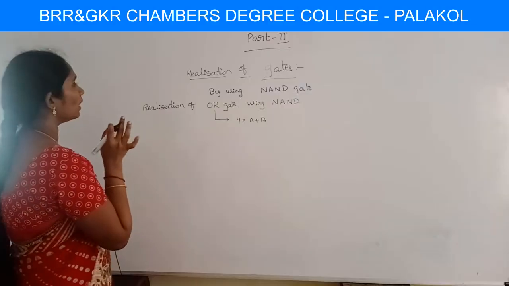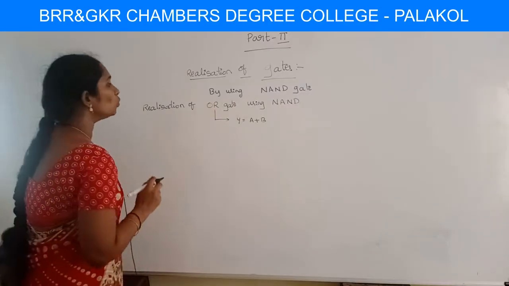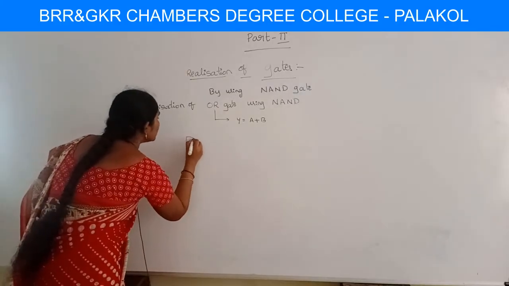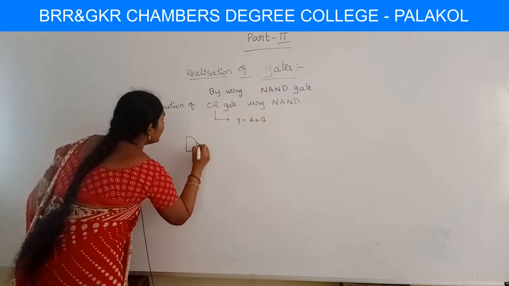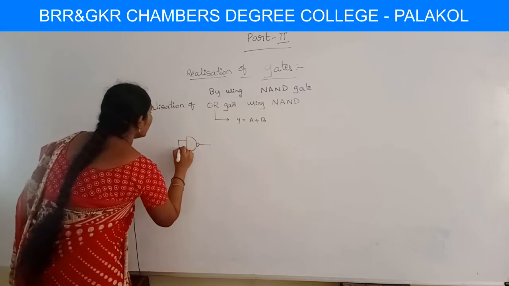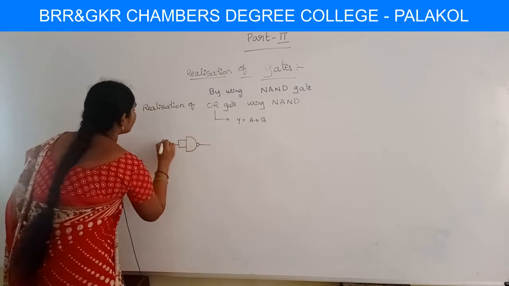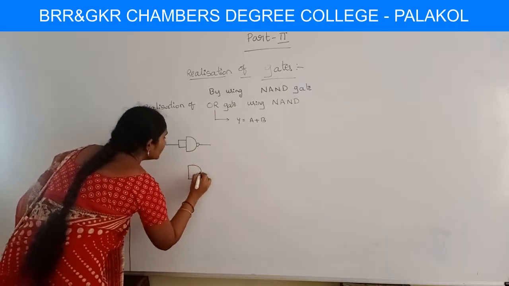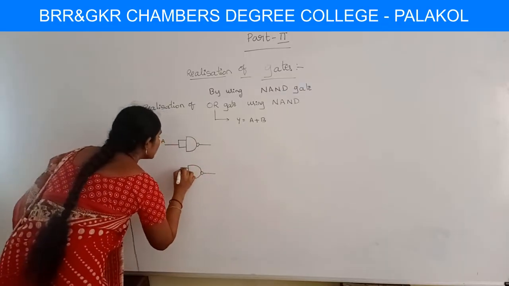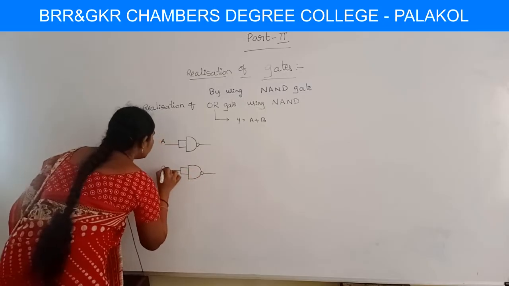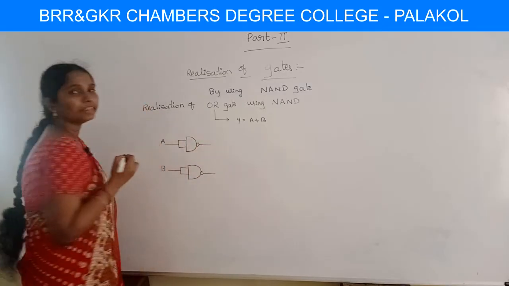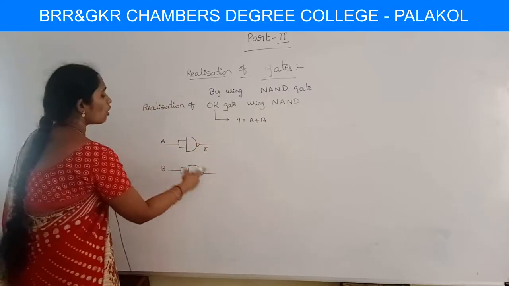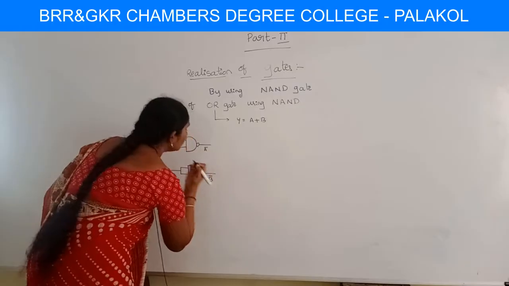First I will consider two NAND gates. This is one NAND gate with the input A, and another NAND gate with the input B. The output of the first NAND gate is A bar, and the output of the second is B bar.